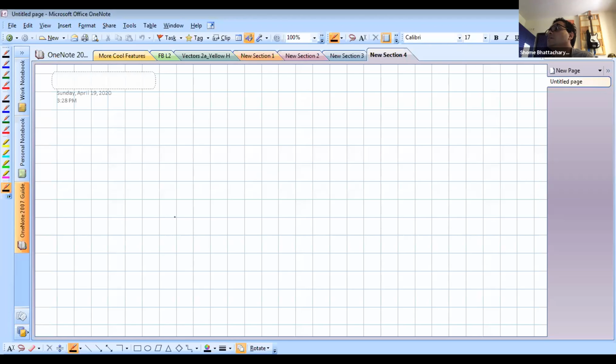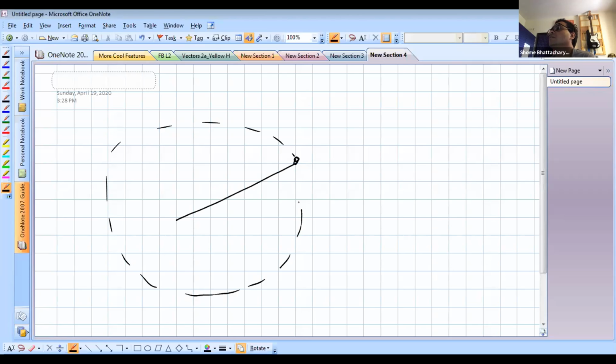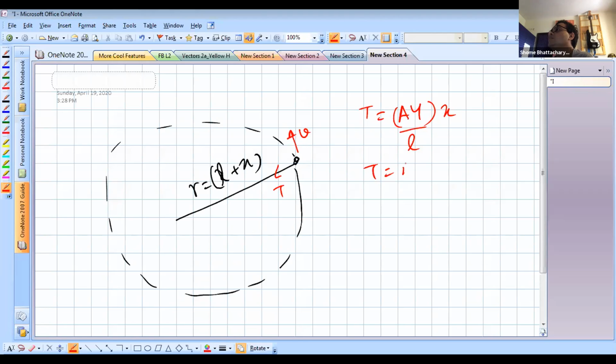Right, so what is happening is, in general, let us say this thing is rotating like this, where the radius is equal to L plus X, where X is the amount of extension. Then the tension in the wire is given by the equivalent spring constant, that is AY by natural length, multiplied by the extension, and that tension has to be equal to mv square by r.